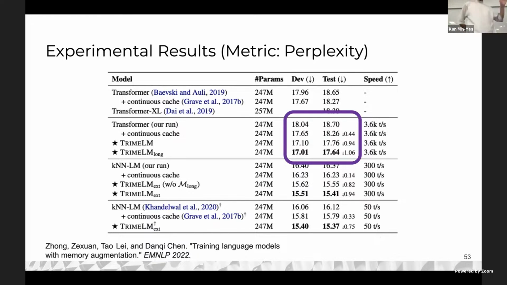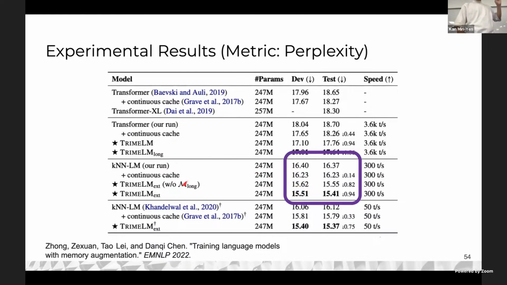Okay, first, we can look at the purple box, where both the local and long-term memories can boost the performance of the original baseline. And second, when they use the external memory, they get better performance compared with the long-term memory.